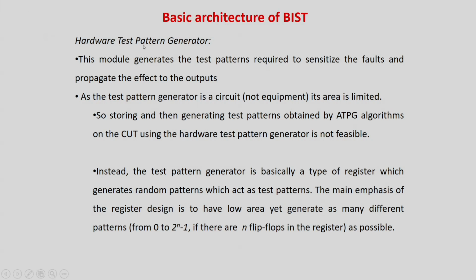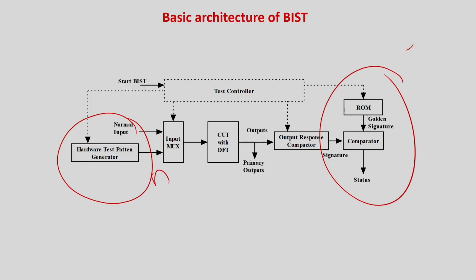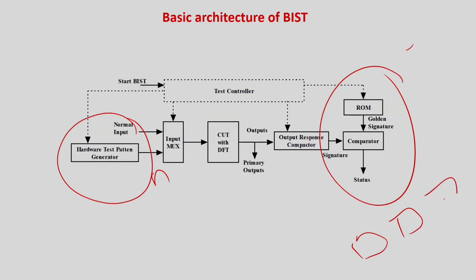The hardware test pattern generator is simple. It's a register, because if you generate patterns there is of course some kind of a counter. If this is an n bit input, an n bit register will be there. These are the n bit registers, and there are combinational circuits which feed these registers and also take the inputs back.